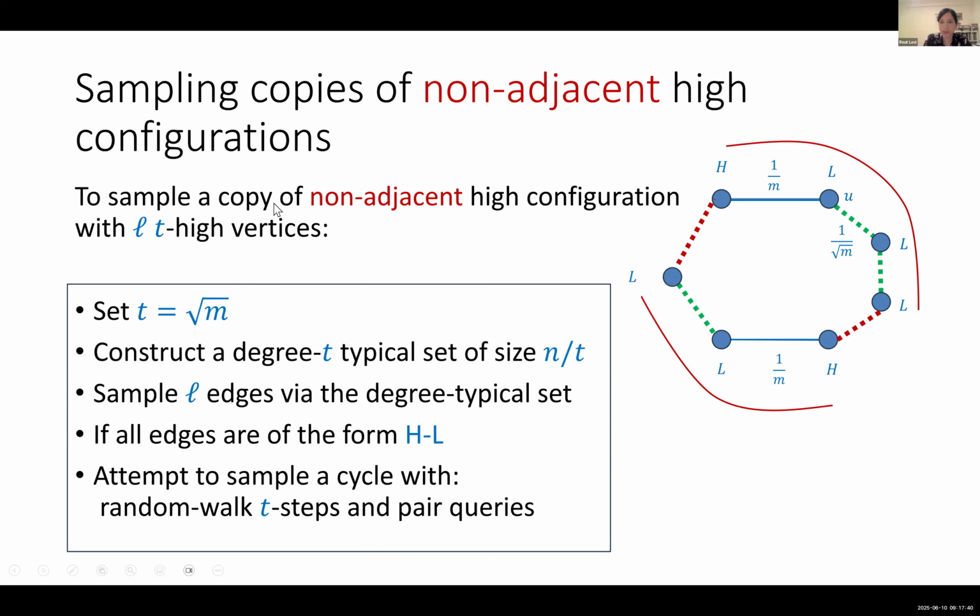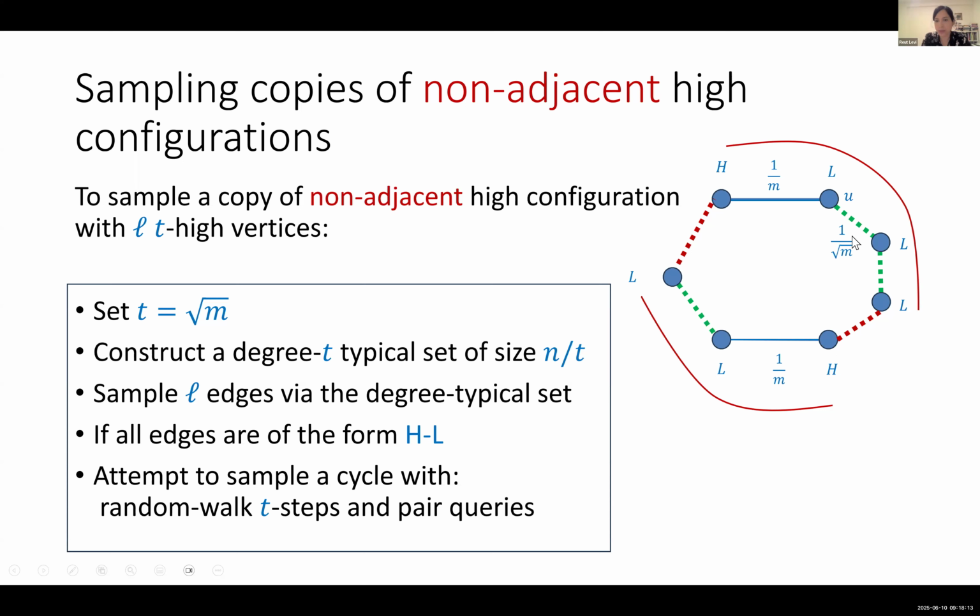Okay, so the probability to sample a specific copy according to this procedure will be 1 over m for each one of the L edges, therefore 1 over m to the power of L, and then the probability to guess correctly each one of the indices of the random walks would be 1 over square root of m, because the degree is bounded by t and t is square root of m.